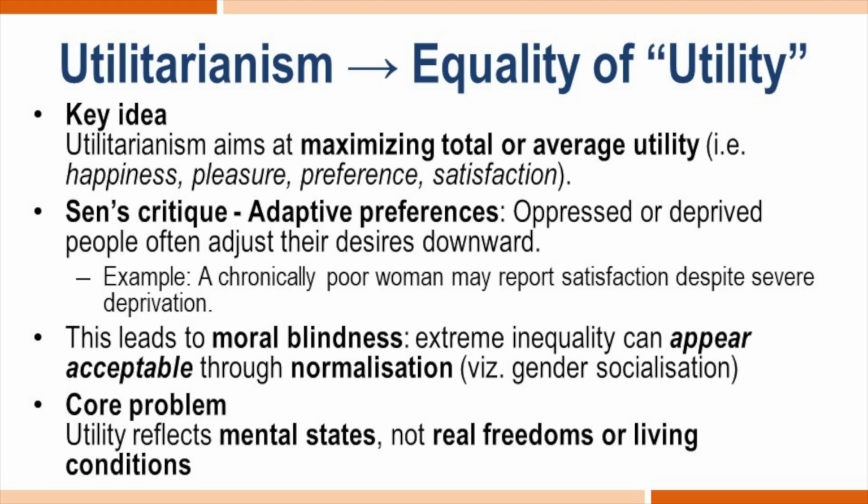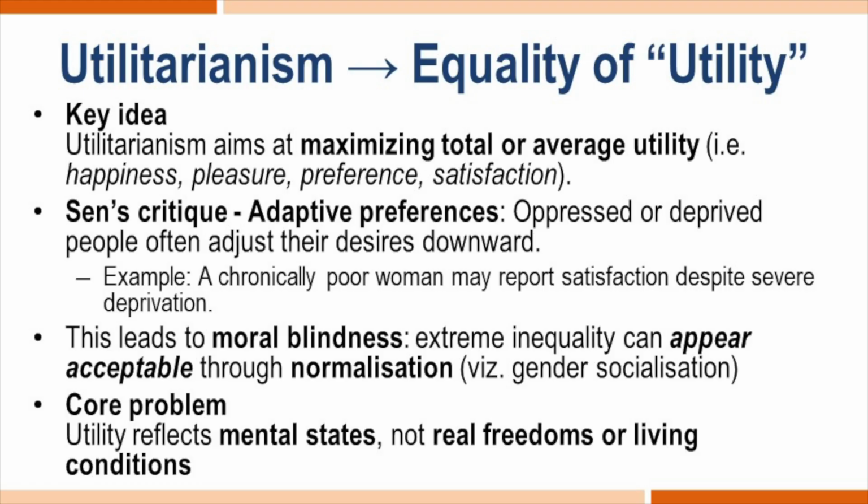Then Sen provides a critique that preferences or satisfaction can be very adaptive. They can be normalized by different social norms. For instance, oppressed and deprived people often adjust their desires and preferences downward.